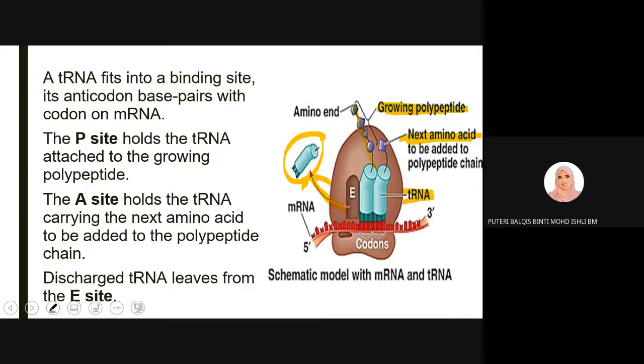Amino acid yang seterusnya yang nak ditambah, dia duduk dekat tRNA yang duduk dekat A site. Satu amino acid ni lah yang akan ditambah kepada jiran dia. Itu adalah E site, P site, A site.